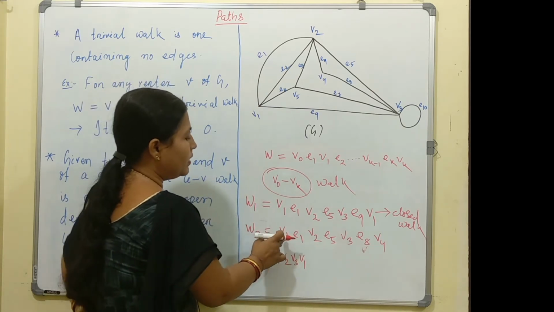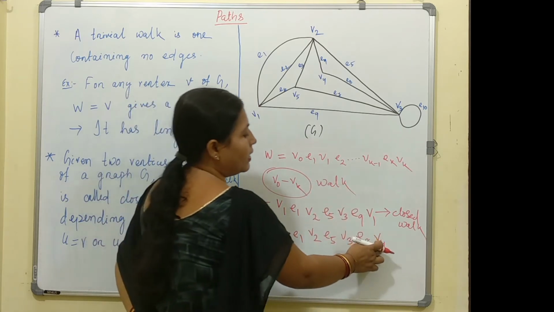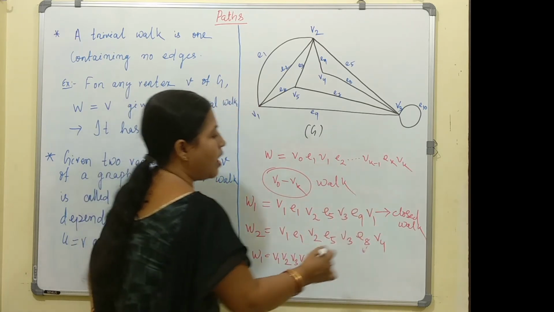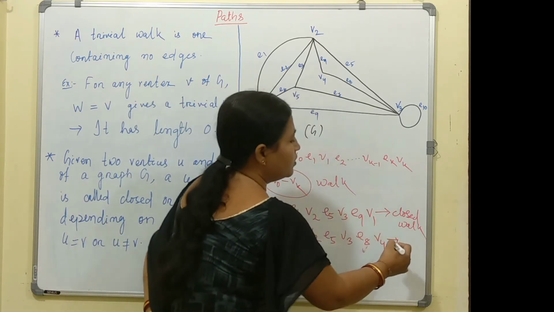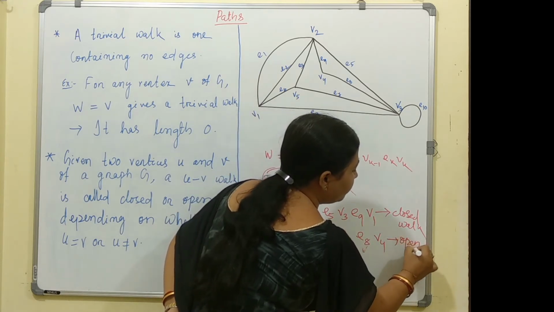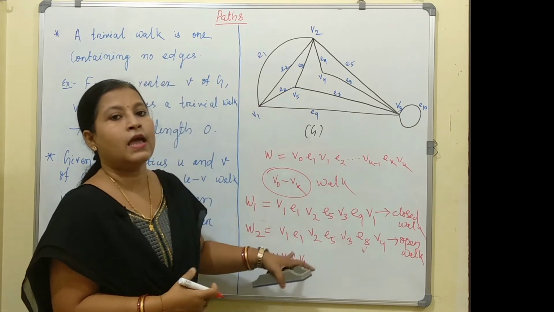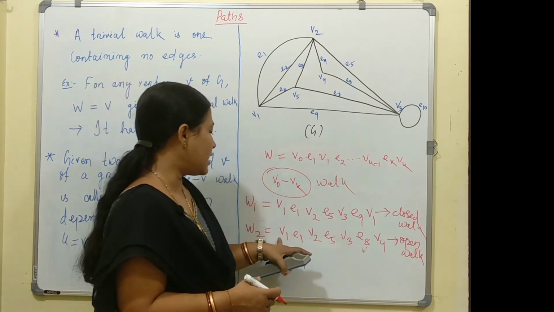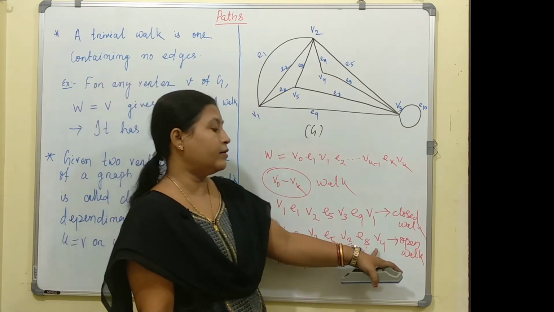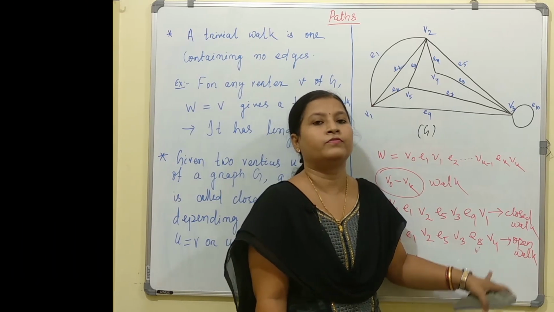And W2 starts with V1 and ends with V4, so this is called an open walk, because the starting vertex and end vertex are different. Started with V1 and ended with V4.